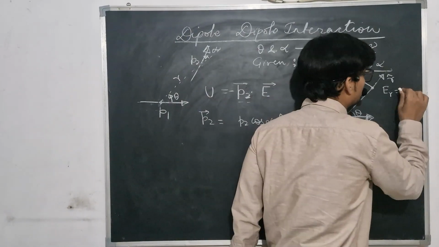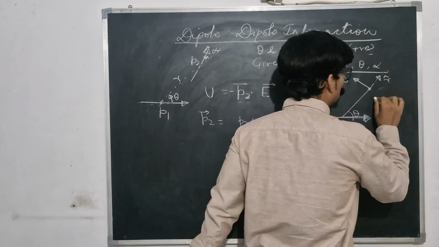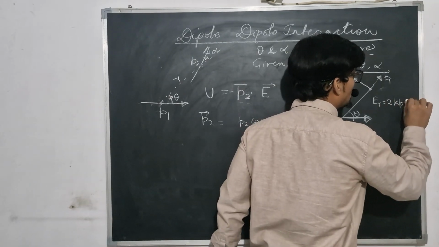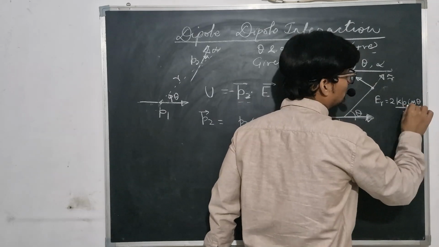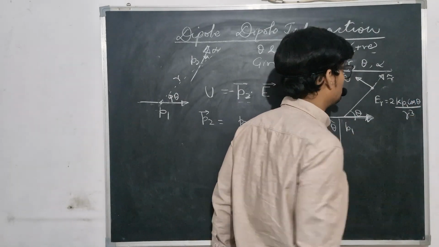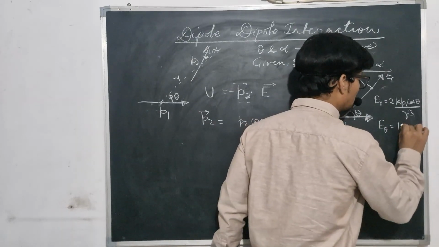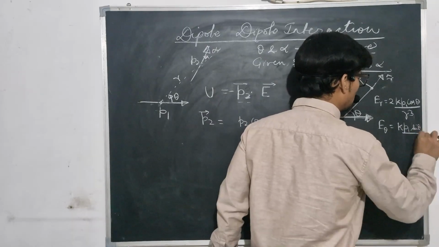So E_r equal to 2kp cos theta upon r cube, where p is due to p1, so I'm writing p1, and then we have the E theta. E theta is k p1 sin theta upon r cube.